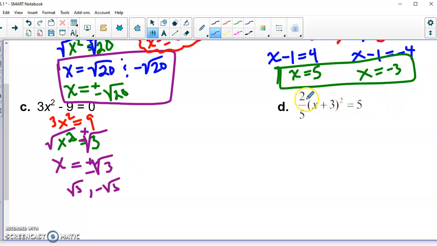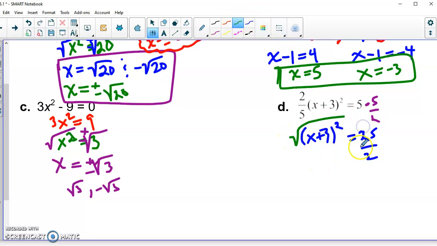All right, here's our next example. We've got 2/5 quantity x plus 3 squared equals 5. So we're going to undo this multiplying by 2/5. So we're going to multiply by the reciprocal or divide by that fraction, which we do by multiplying by the reciprocal. So we have x plus 3 squared equals 25 halves. And let's go ahead and take that square root.